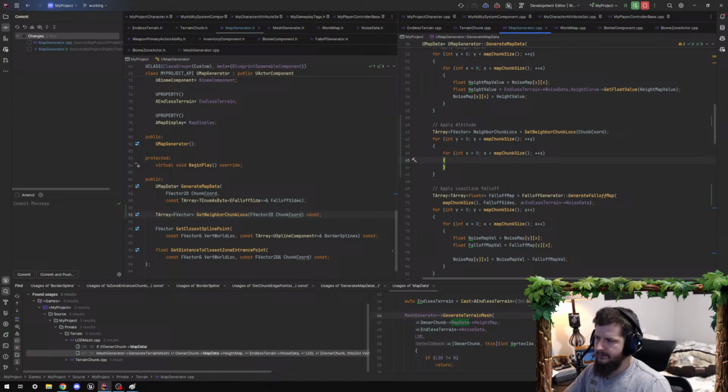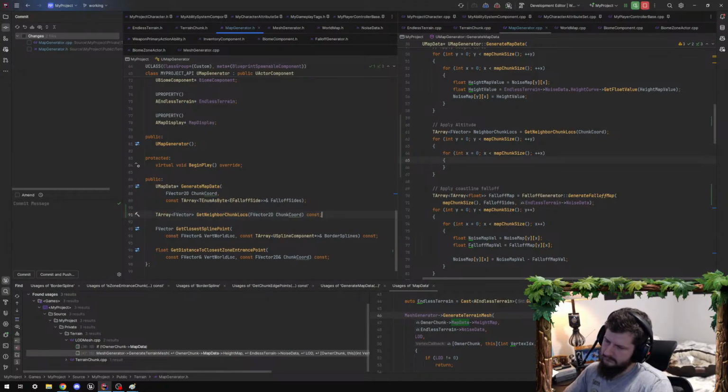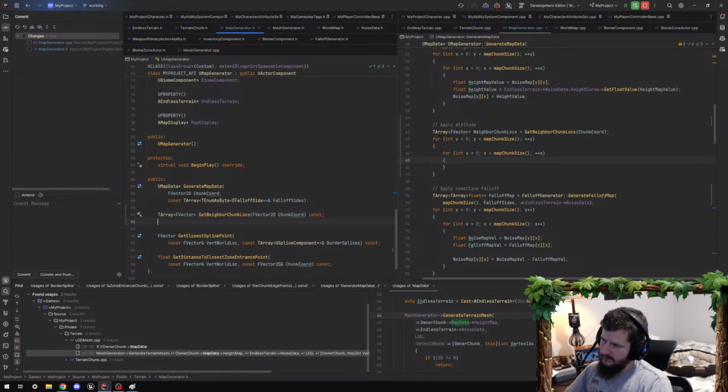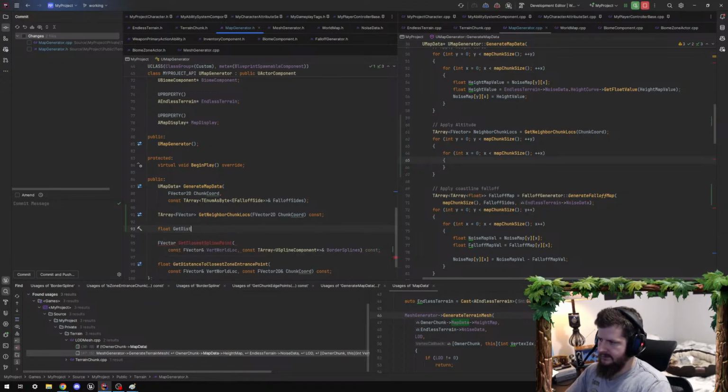What do I want that to look like? I guess just like a float, like get distance. What, like get average distance to what, closest neighbors?